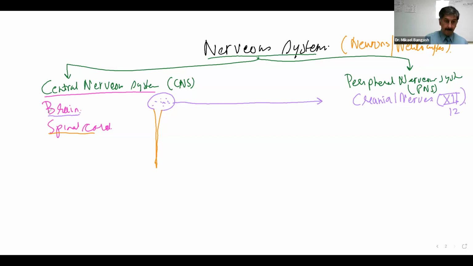Now, guys, from your spinal cord, which is part of the central nervous system, arise what we call the spinal nerves.